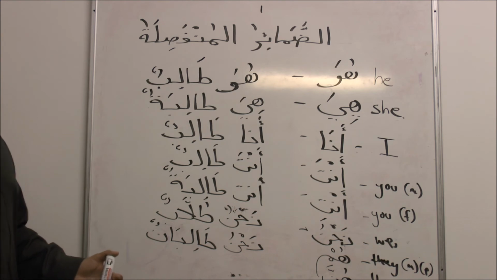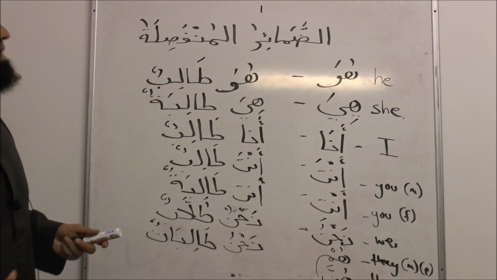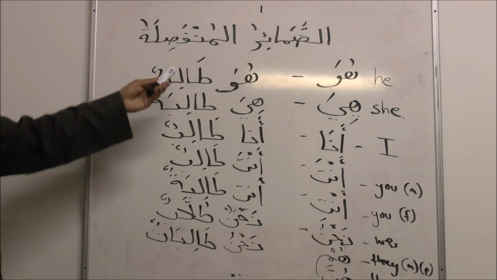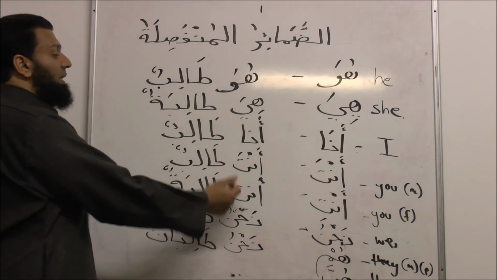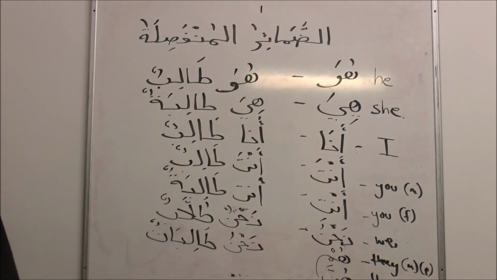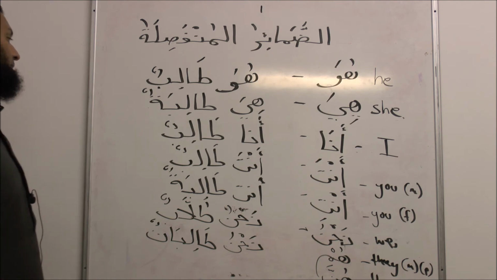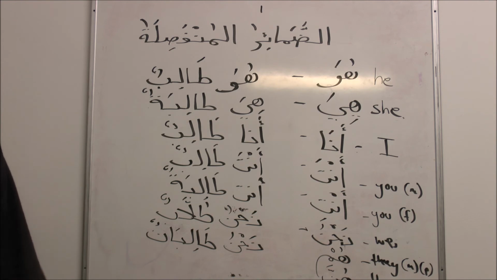Clear? The only other issue that we should mention is when we want to describe talibun. Actually, no, let's use enta. Right? Enta talibun. Ya Abdul Ahad, enta talibun. What does that mean? You're a student. You are a student.